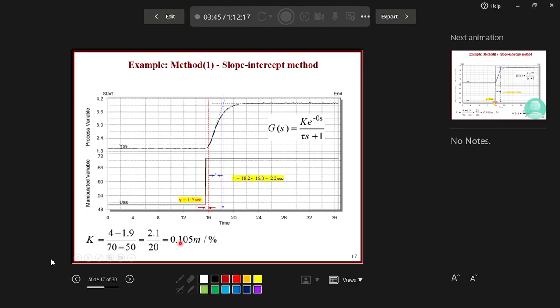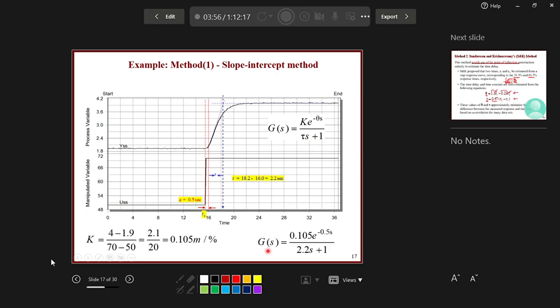After calculating the K, I have all the parameters for the model ready: the theta, the tau, and the K. So I can substitute in the general form of the model to get its transfer function, G of S, the transfer function of the process.